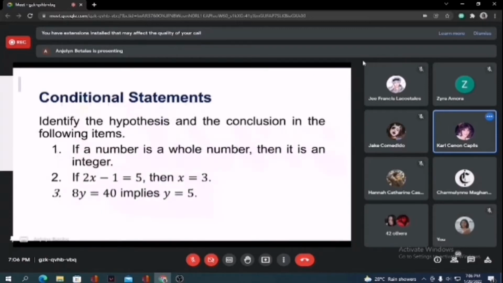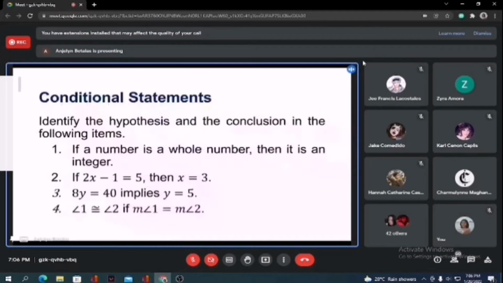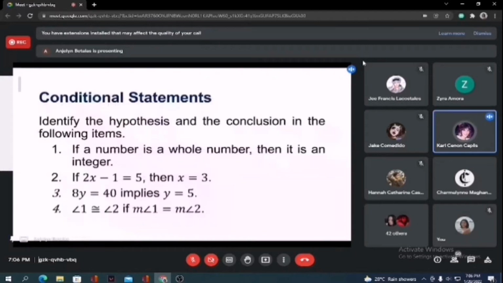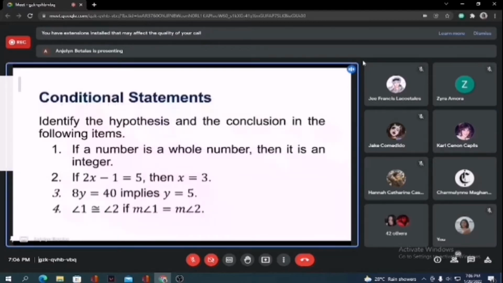Correct. Okay, number 4. Angle 1 is congruent to angle 2 if the measure of angle 1 is equal to the measure of angle 2.